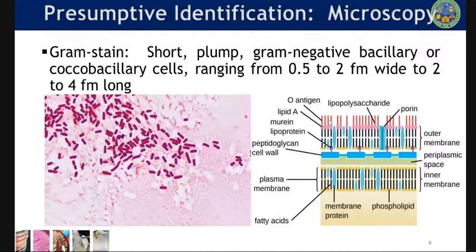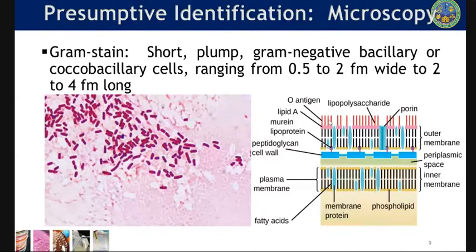So as part of the diagnostic identification now for the family Enterobacteriaceae, the presumptive identification will be based on microscopy, but you cannot identify all. You cannot identify immediately to what genus it will belong.